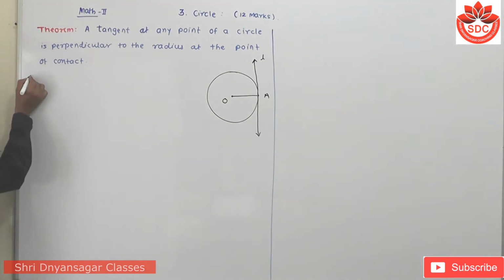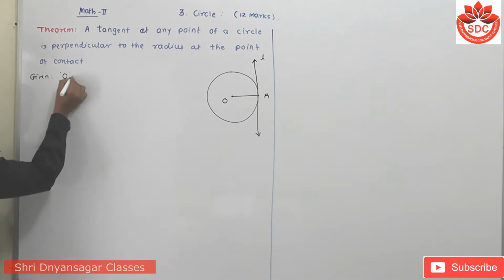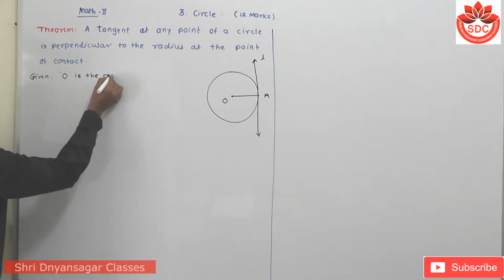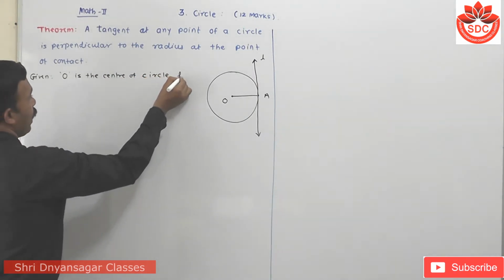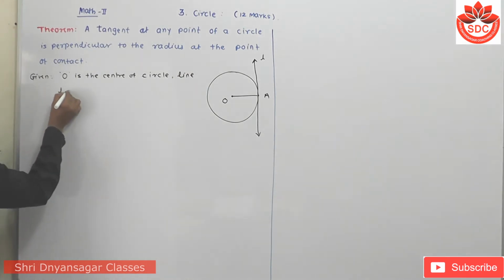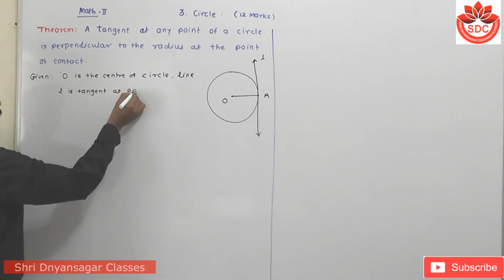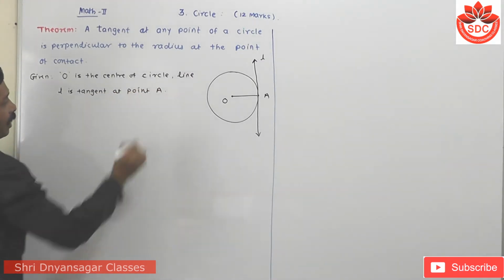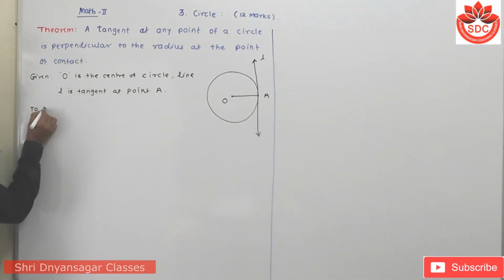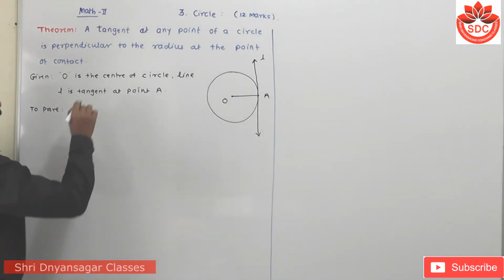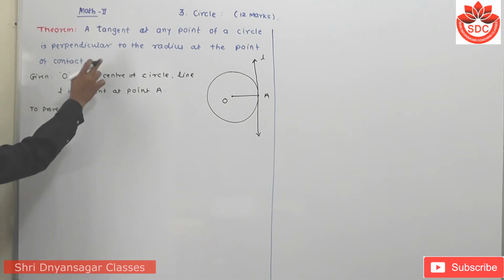So I have to write the given. O is the center of the circle. Line L is tangent at point A, the point of contact A. Then, to prove: the tangent at the point of contact is perpendicular to the radius.